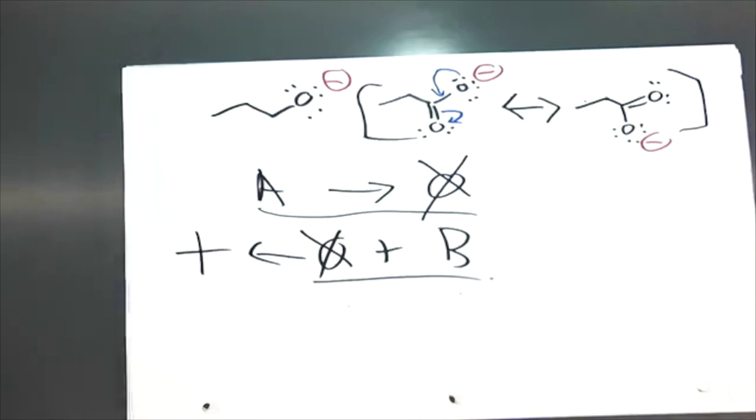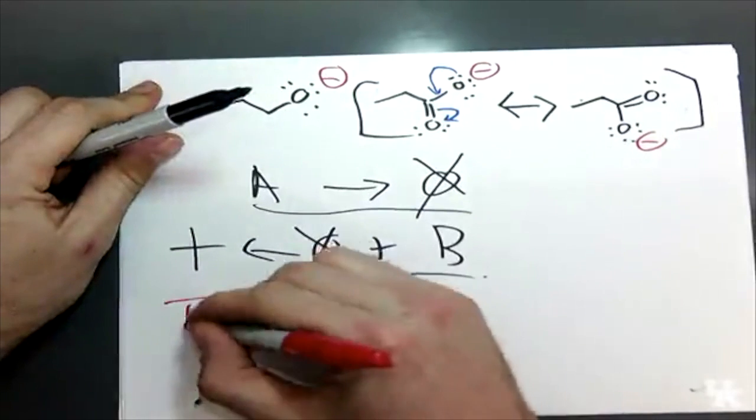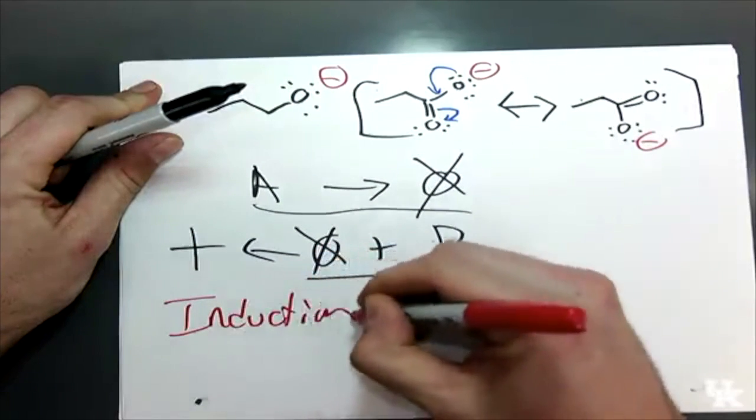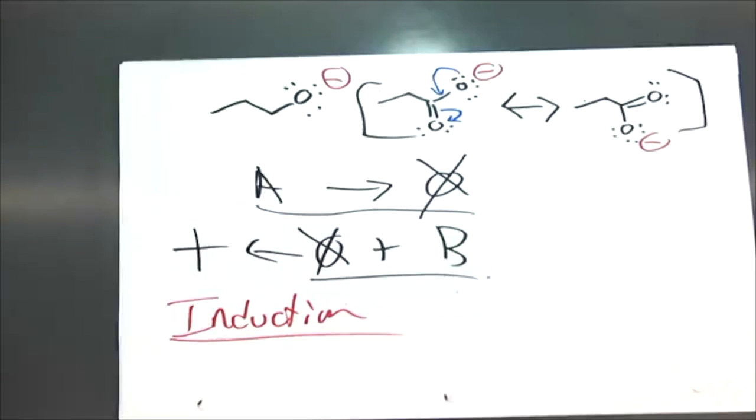Have a nice weekend. To go back to conjugate bases, let's look at the I of ARIO, and that's induction. Actually, before we do induction, I'm going to do one more bit about resonance, because I gave you one piece about resonance, and that was about these carboxylic acids.